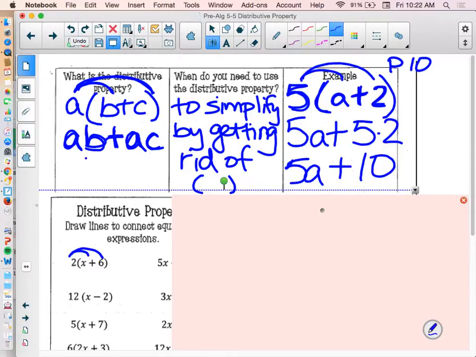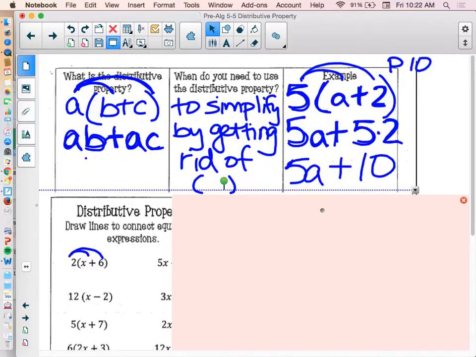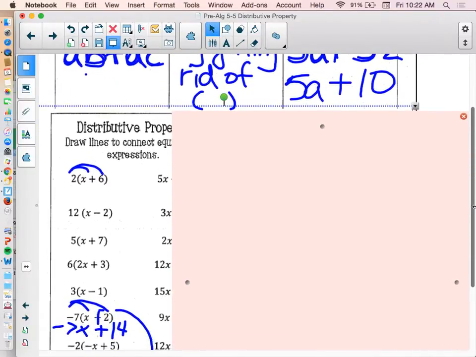We don't know what A is, so we can't substitute for a number at this time. We can't evaluate this expression. So we're going to be left just with 5A plus 5 times 2. But 5 times 2 we can simplify and get 10. So our answer is 5A plus 10. I know that doesn't seem right, but that is your final answer.